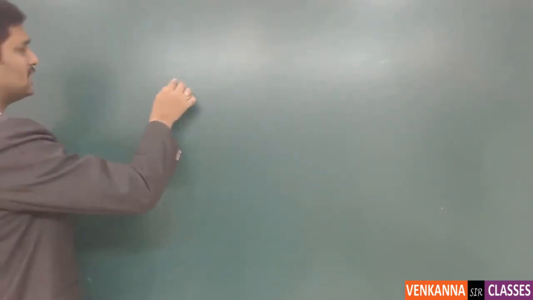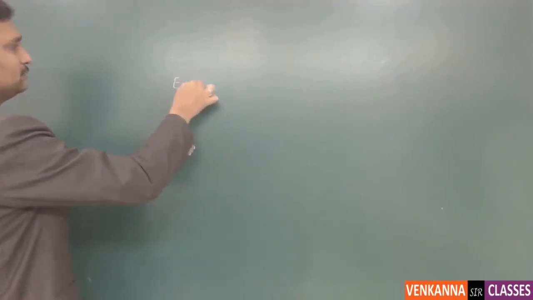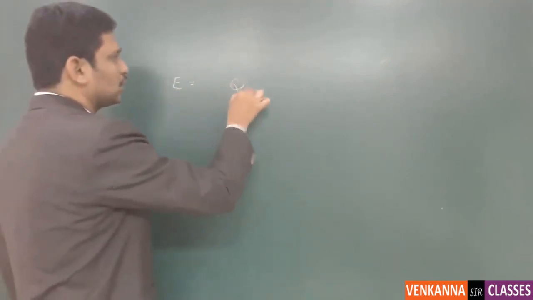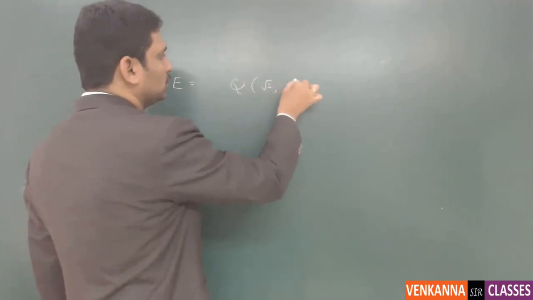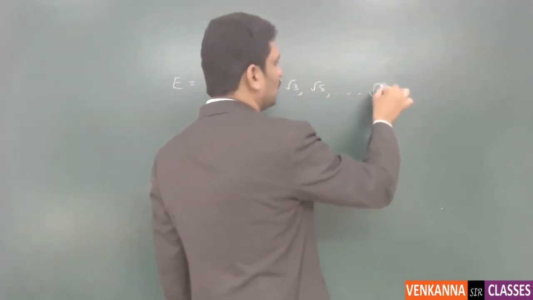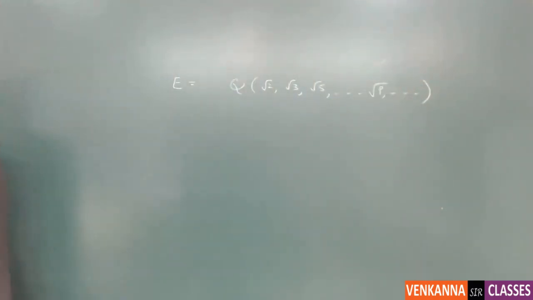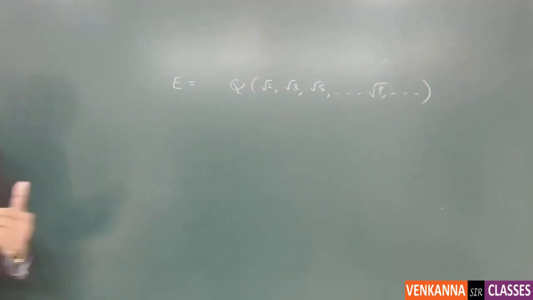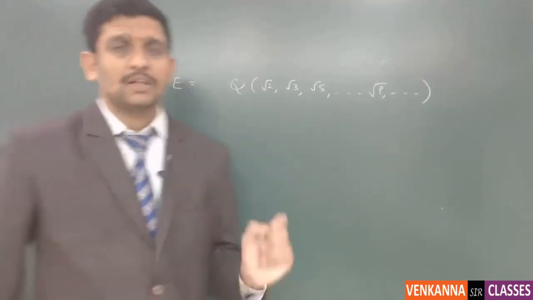The example is, you consider the field E defined as Q of root 2, root 3, root 5, and so on, root p, and so on. This is the field I have taken. So please understand how it is defined.